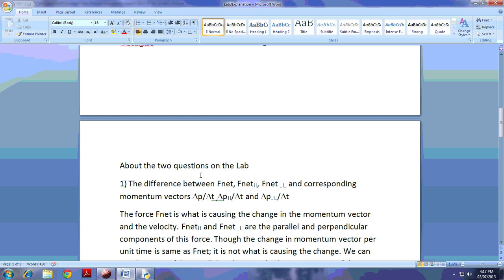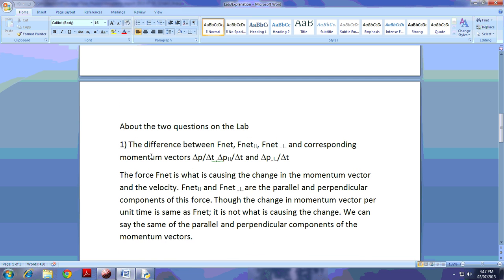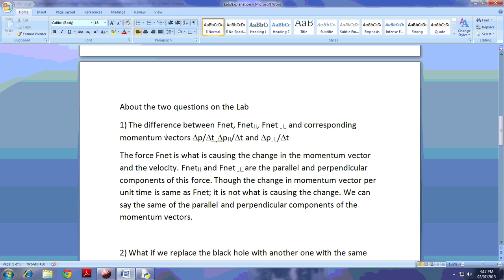This is about the two different questions asked in the lab. The first question was the difference between the F-net parallel and F-net perpendicular and corresponding momentum vectors like delta P over delta T, delta P perpendicular over delta T, and delta P parallel over delta T. The force F-net is what is causing the change in the momentum vector and the velocity.